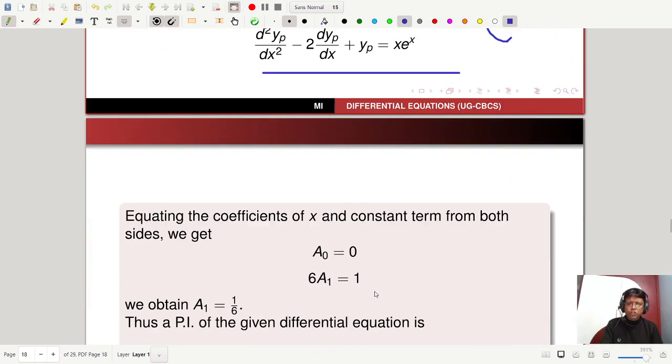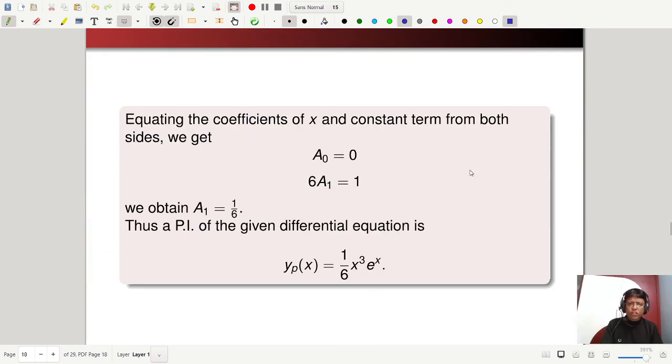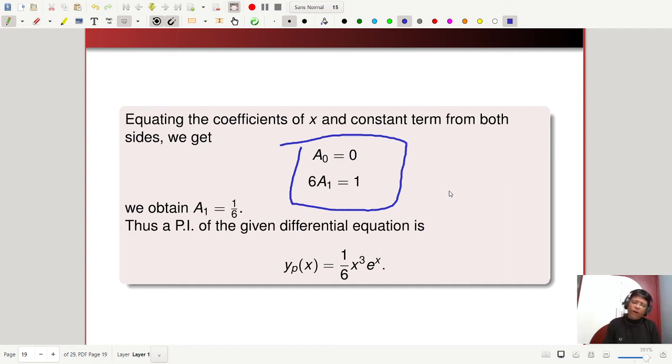So you substitute, calculate, lot of calculations, and equating the coefficients of x and the constant term from both sides, we get these coefficients: a naught equal to 0 and a1 equal to 1 by 6. So finally you will get the yp, the particular integral of the differential equation, 1/6 x cube e to the power x.